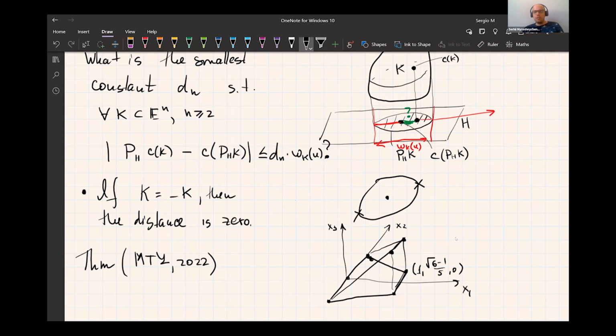Please note that vertical scaling doesn't really change the value in our question. So we can make it height 1. So as I said, this point and this point are symmetric with respect to the x1, x3 plane. So, with the minus. And this guy is simply (0, 1, 0).